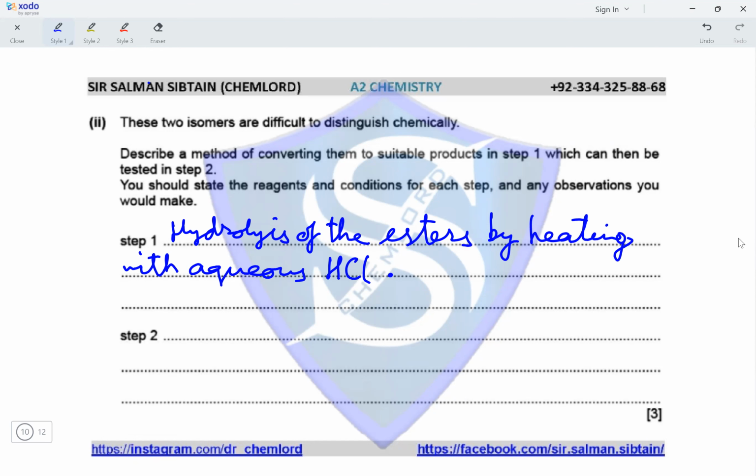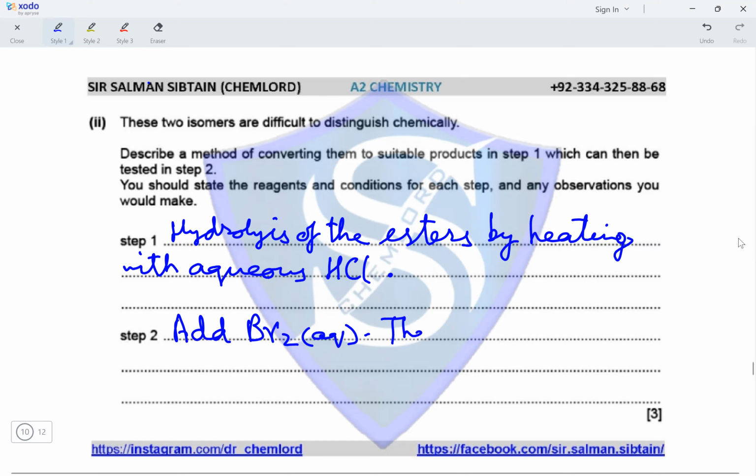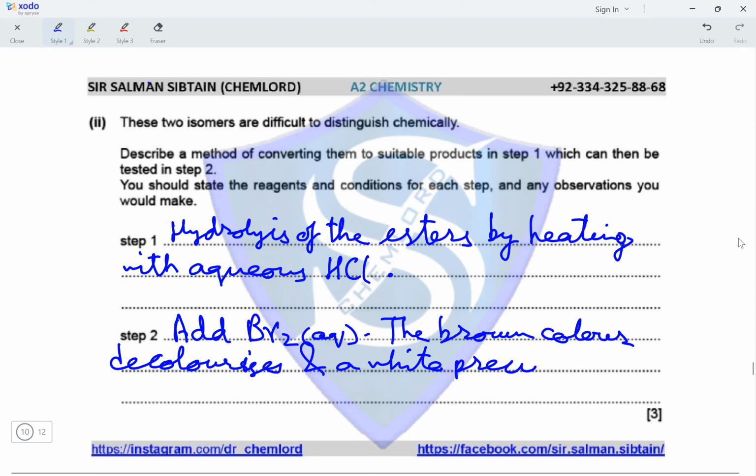And step 2, we add aqueous Br2. So this results in the brown color decolorizing and a white precipitate forming.